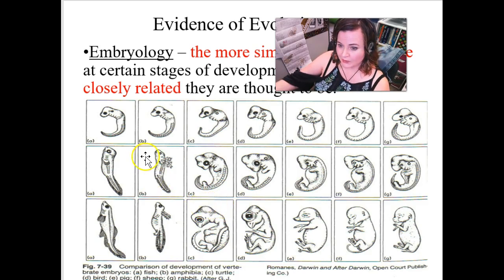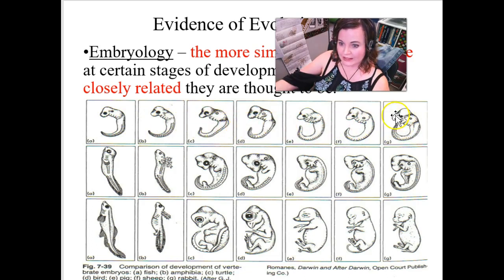Looking at this picture here, we have different organisms. We have our fish, our amphibian, probably a frog or something like that, turtle, bird, pig, sheep, rabbit. Rabbit is G. Okay, so when you look in the earliest stages of embryonic development, you can't really tell the difference between these embryos.